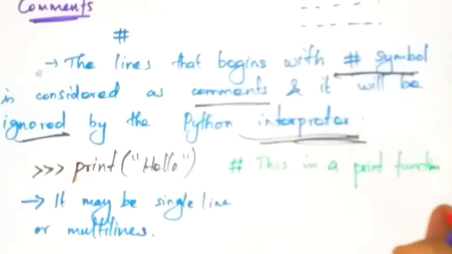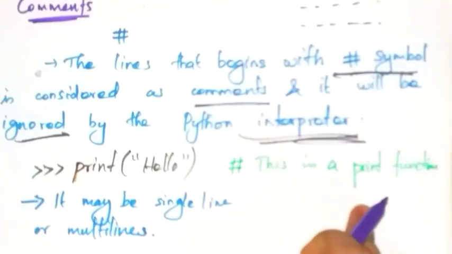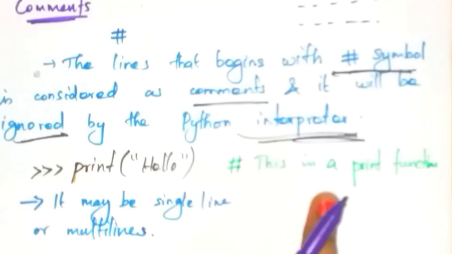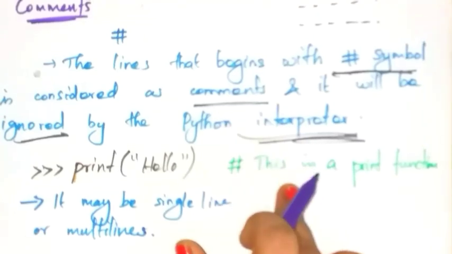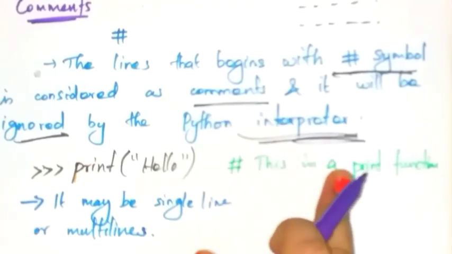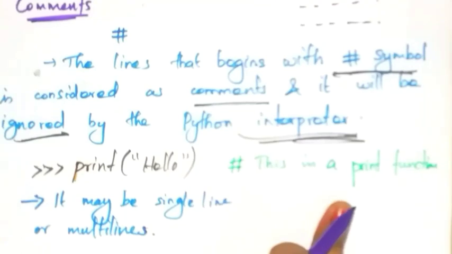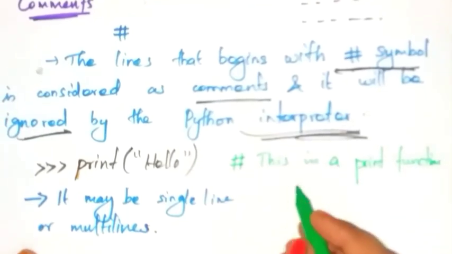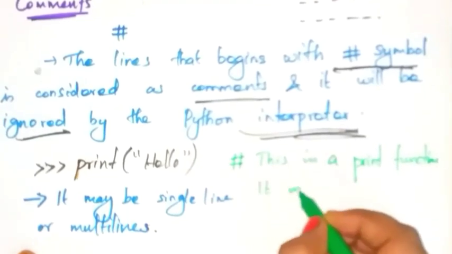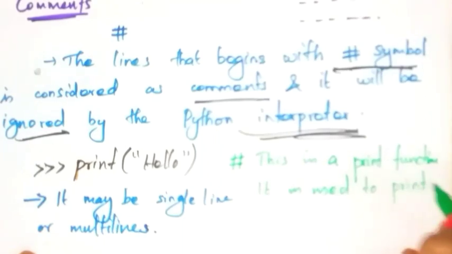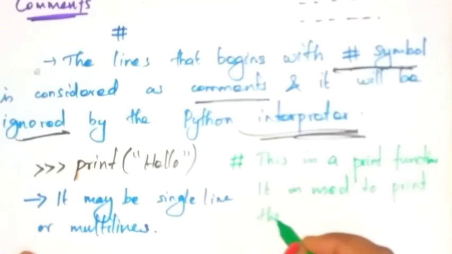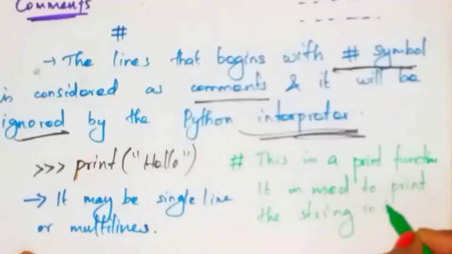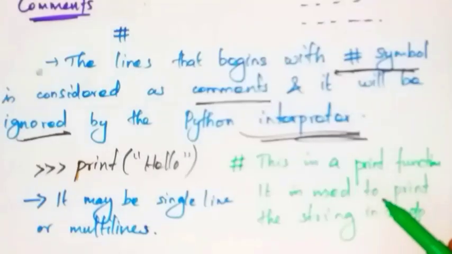If you want to write comments in multiple lines, then what will you do? The multi-line comment should be enclosed within a set of hash symbols. If you want to add another line, it is used to print the string in the output. So this is a multi-line comment.